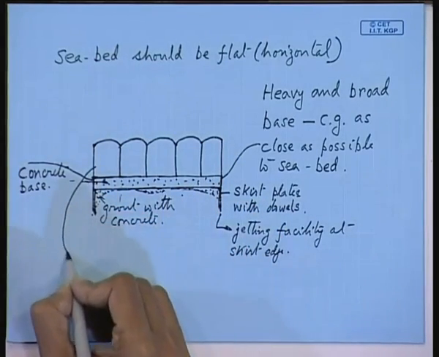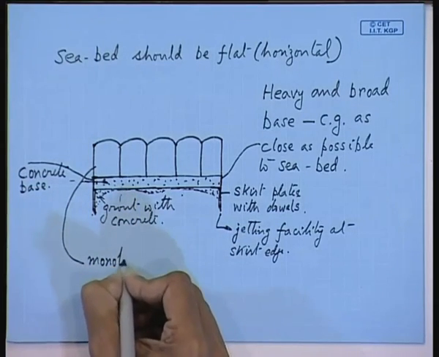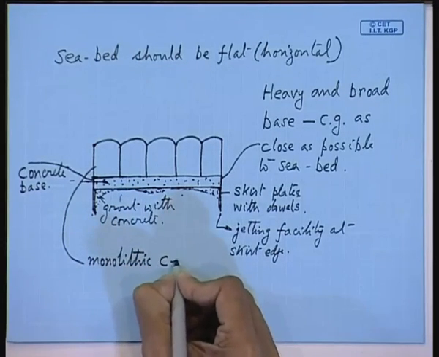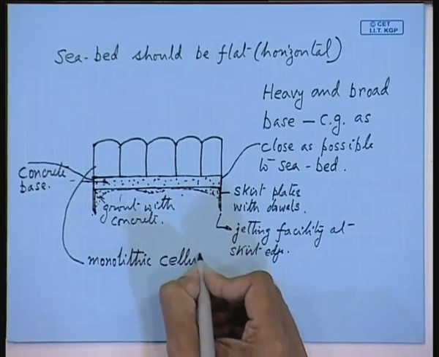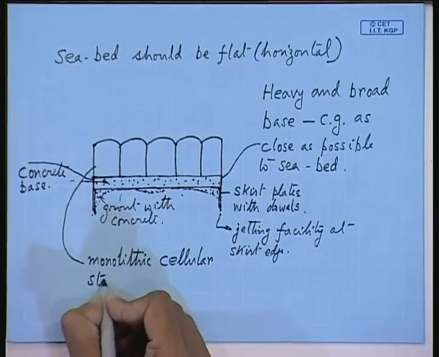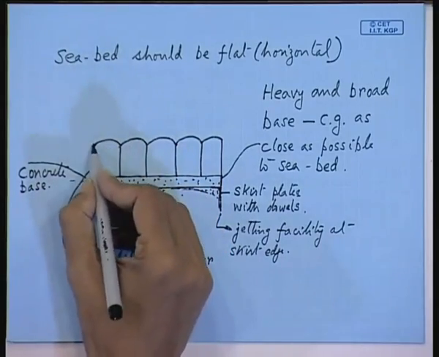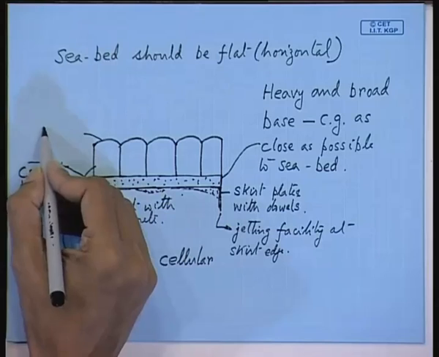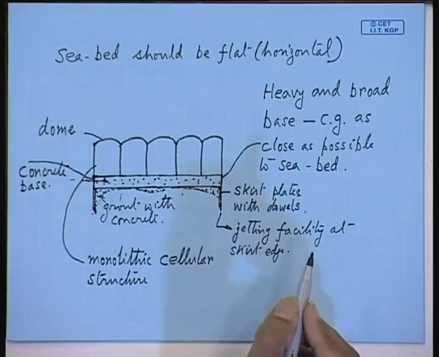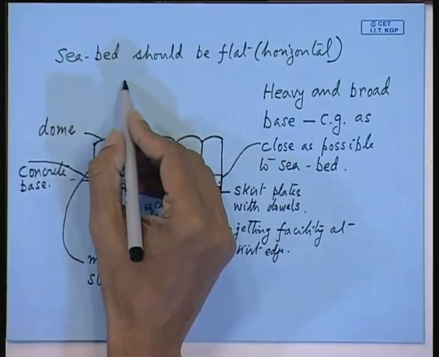This is a monolithic cellular structure. And this is called the dome. So this is the first thing that is to be built in the shipyard.